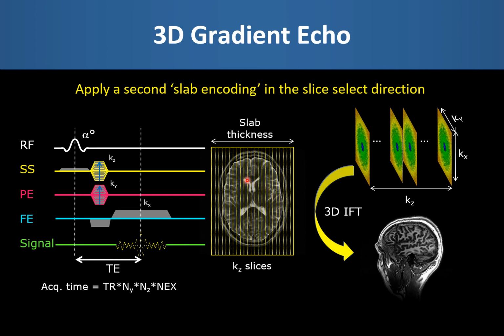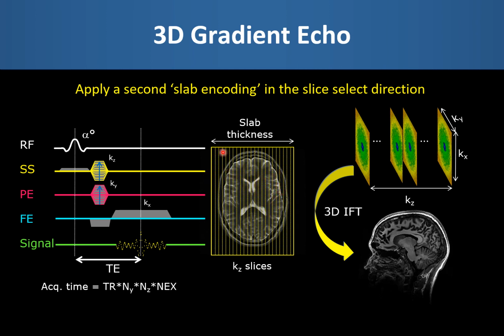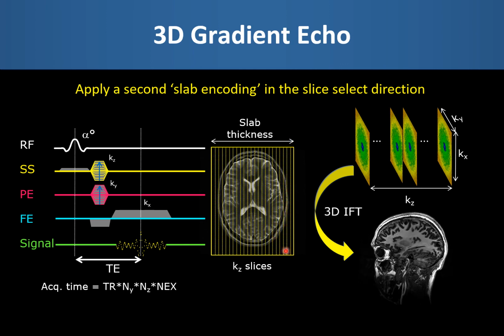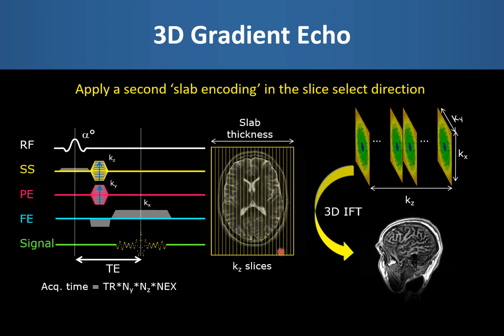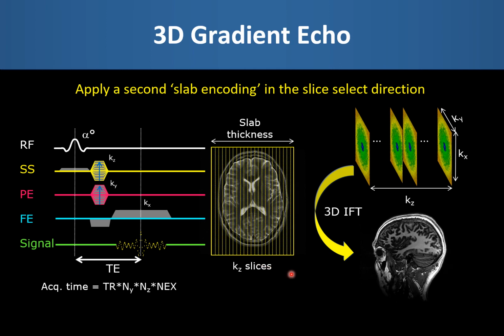The advantage of volumetric imaging like this is that very thin slices, typically 0.7 millimeters or less, can be reconstructed, and therefore we can end up with isotropic voxels that can then be reformatted into any plane.